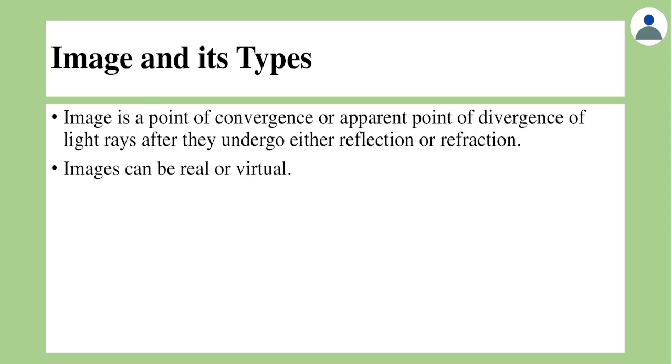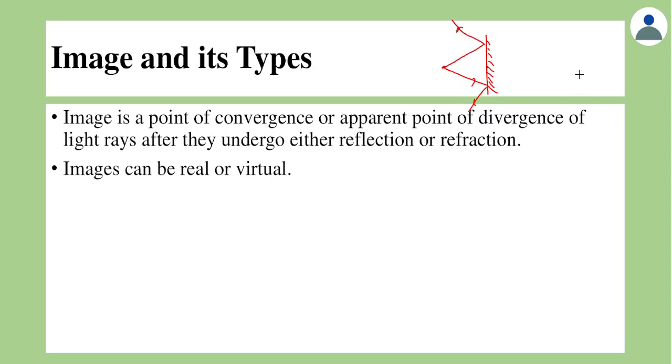Image is defined as a point of convergence or apparent point of divergence of light rays after they undergo either reflection or refraction. What it means is that in case of a mirror, you all might have learnt in high school that the light rays undergo reflection. Light reflects and comes out like this.